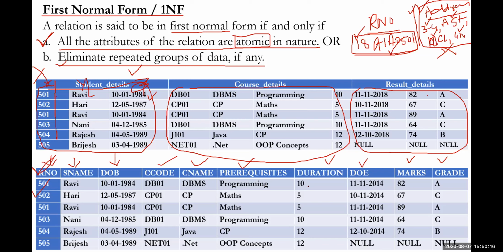Now, coming to second normal form. A relation is said to be in second normal form if and only if it is in first normal form and satisfies a rule.